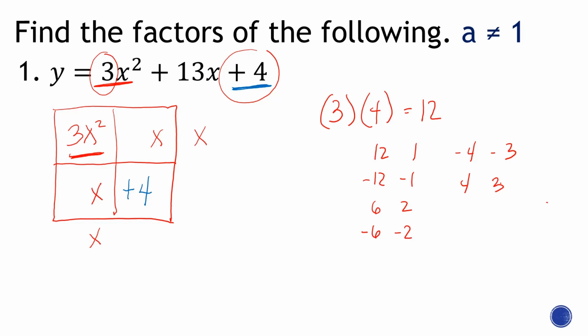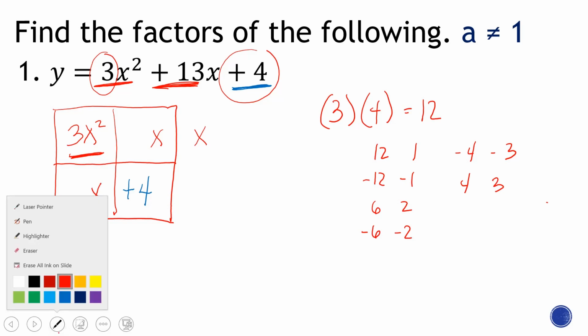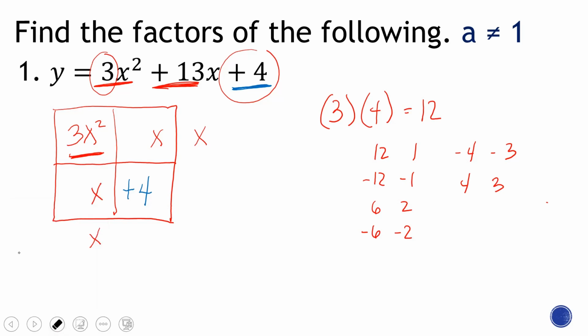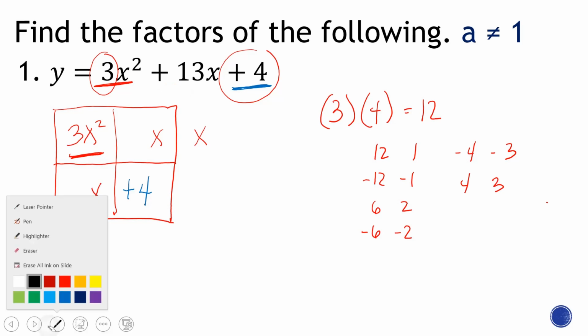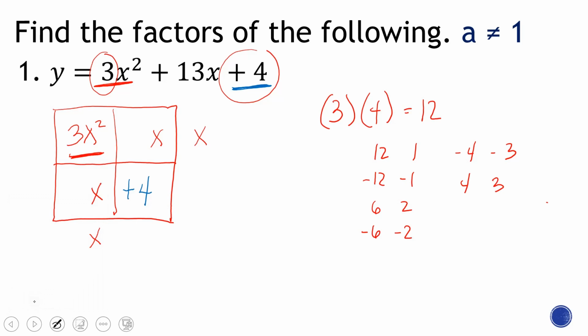Basically, how many pairs do we have here? We have 6 pairs. Now the next question is, which among these 6 pairs will give us a sum of positive 13?